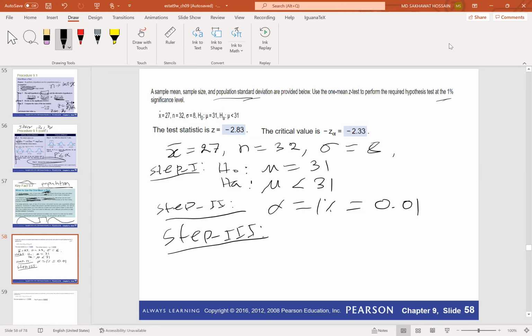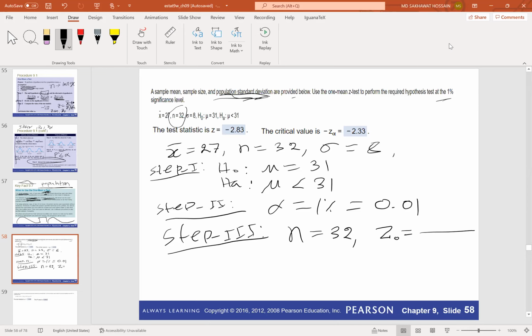We have just the population standard deviation, but they didn't say anything about the shape of the distribution, whether it is normal or some other distribution. Since we do not know the population distribution, we have to look at the sample size. n is equal to 32, so we can consider it a large sample, right? It is greater than 30. That means we can use the Z-test.